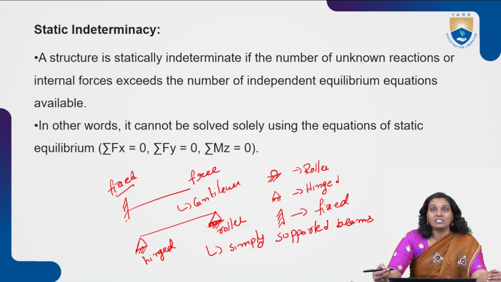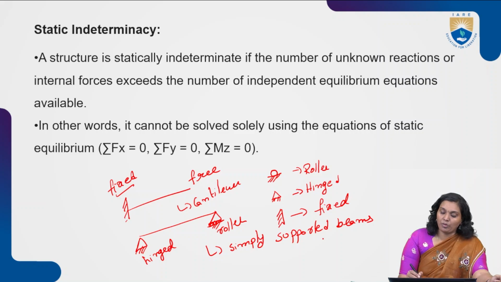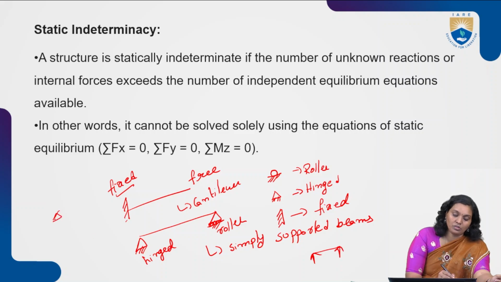We are also understanding the various loading conditions. According to the loading conditions, we understand the reactions and the internal forces. It may be a point load, for example, on a simply supported beam, or on continuous beams.